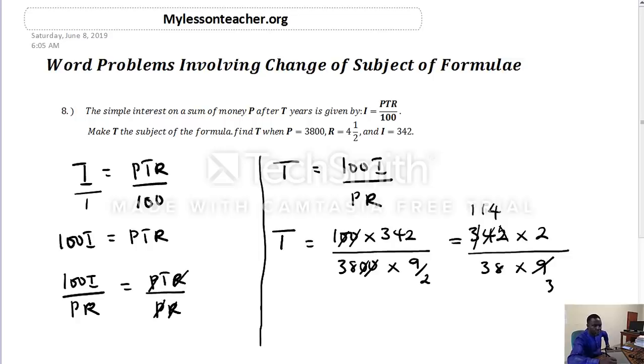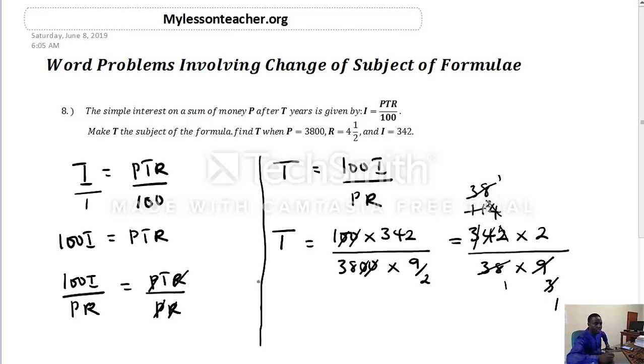What else can go? You also discover that 3 can still go. 3 into 3 is 1. 3 into 11 is 3 times remainder 2. 3 into 28, 3 into 24 is 8, and we have 38. So 38 can go into itself one time.